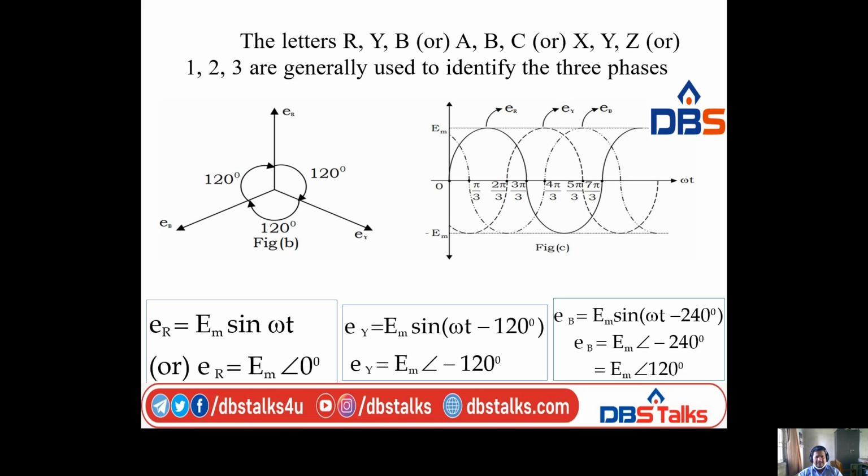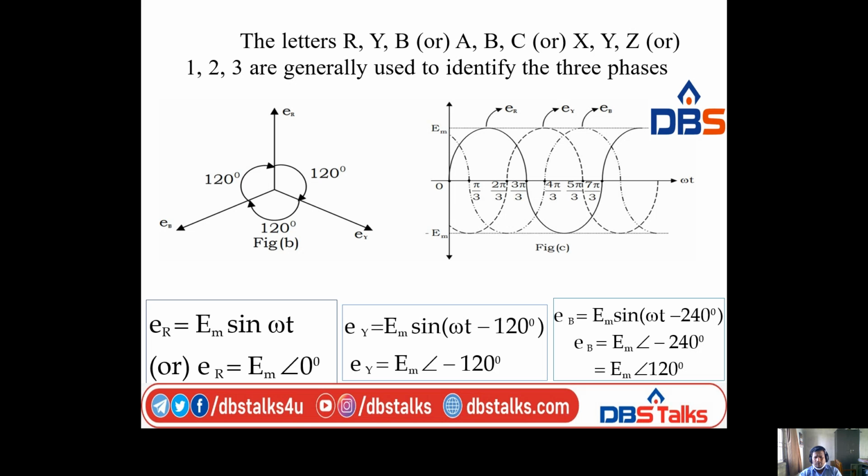ER is taken as the reference, that's why the phase is 0 degrees. EY will start after 120 degrees, that's why minus 120. EB will start after 240 degrees from the ER, so it is taken as minus 240 degrees, right? So ER is equal to EM sin omega t, or EM at an angle 0 degrees.